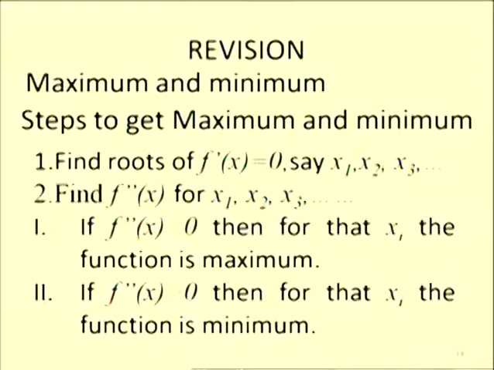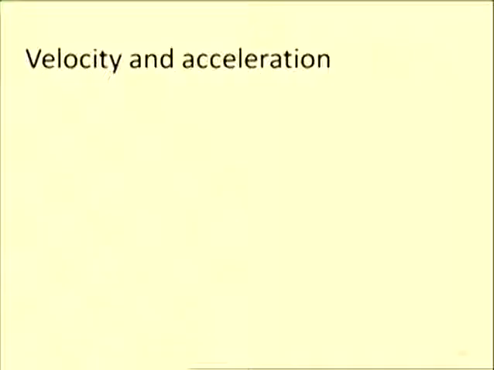So today's topic is velocity and acceleration as an application of differentiation. So let us see how we can get this. As we have seen, they are derivatives of distance and velocity with respect to time.